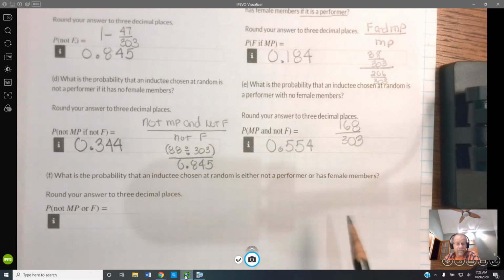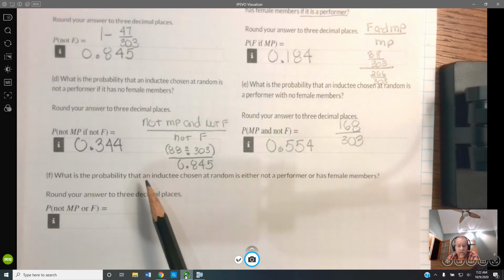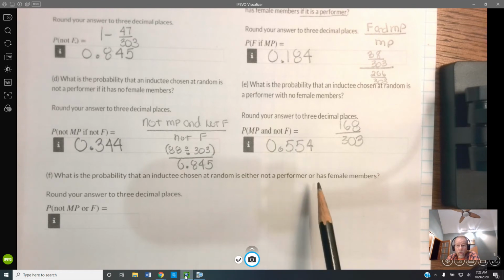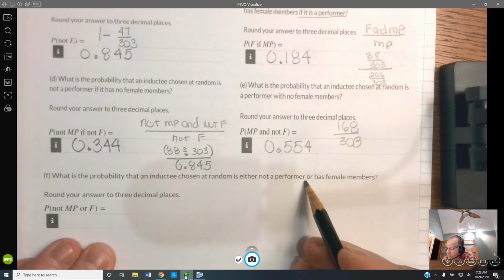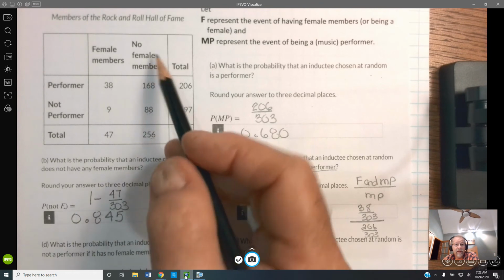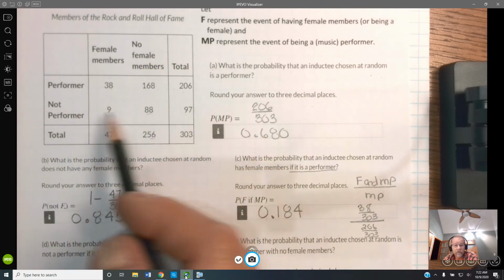And the last one. What's the probability that an inductee chosen at random is either not a performer, or, here's an or, has a female? This is the first time we've run into an or. So remember, this is the double count situation. Let's look at this first. I want the probability that I'm not a music performer. Anybody in here counts.